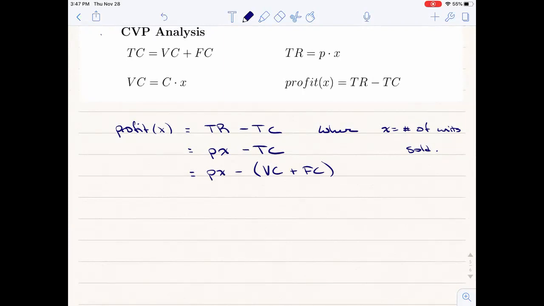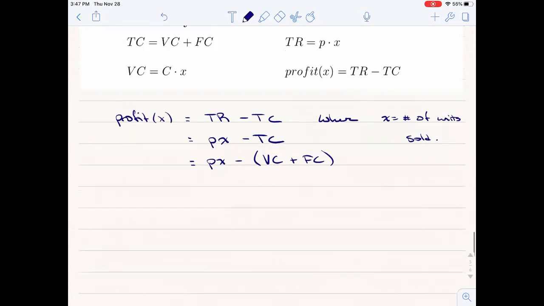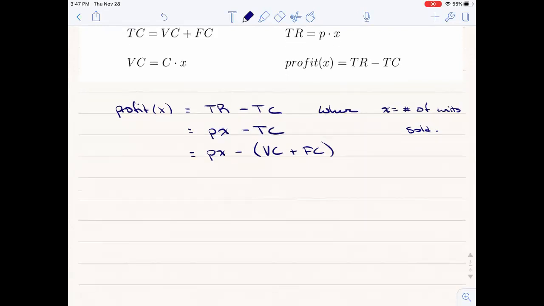Because that's going to be really important that we bring that negative in on the fixed cost. Because you can't add your fixed cost. You have to take them away from your profit. And then we know that the variable cost is C, which is the cost to produce the thing, times however many units you're selling. So minus CX plus the fixed cost.